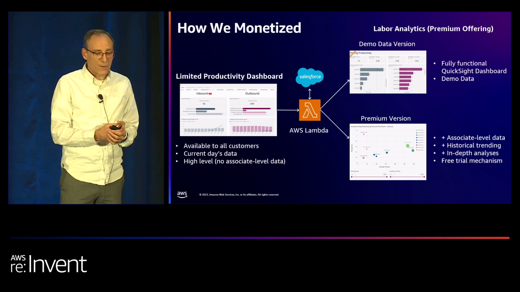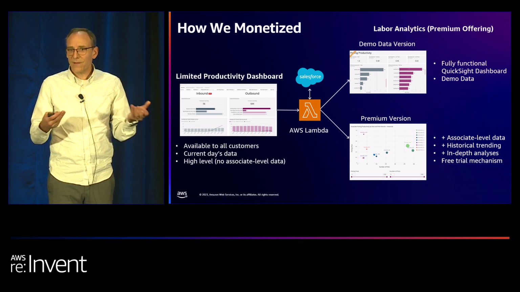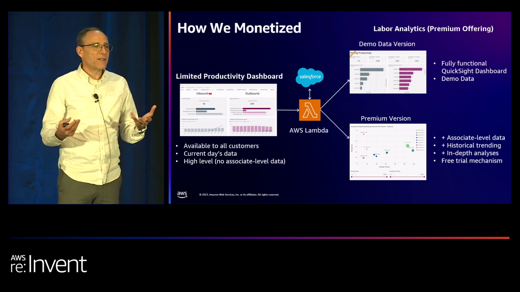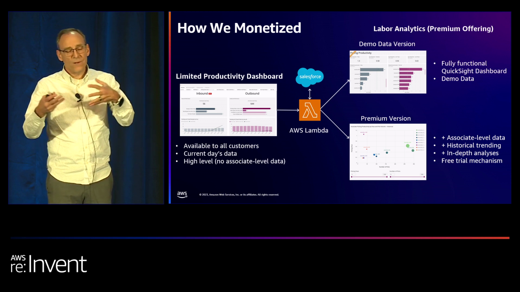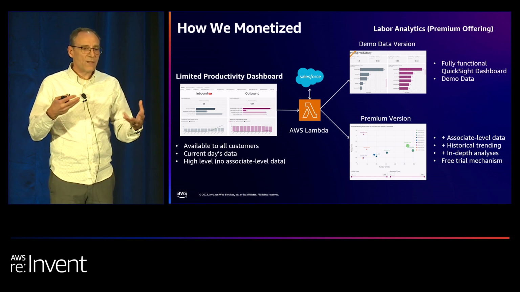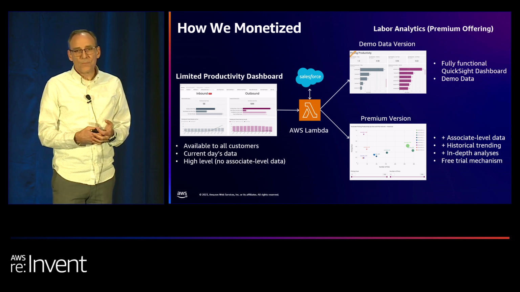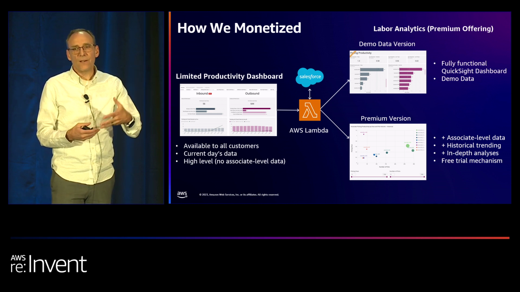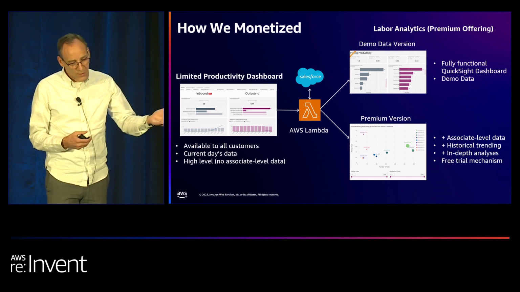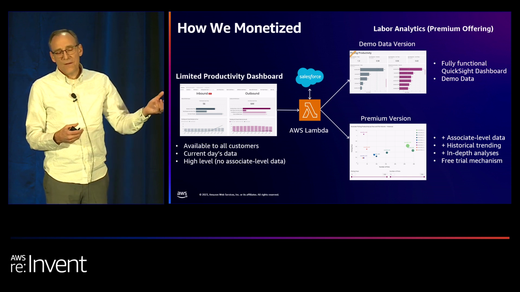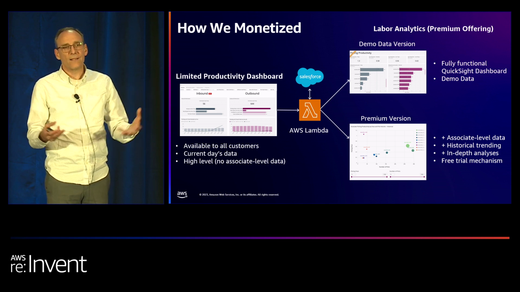If they're not a subscriber, we send them to a fully functional QuickSight dashboard with demo data. And that's been instrumental for us because they can use every feature, they can view every visualization, use the filters, test the thing out completely with this demo data, and then they can click through to convert to the premium version. So again, taking the other path, if they click the menu option and they are a subscriber, we just send them to their real data.